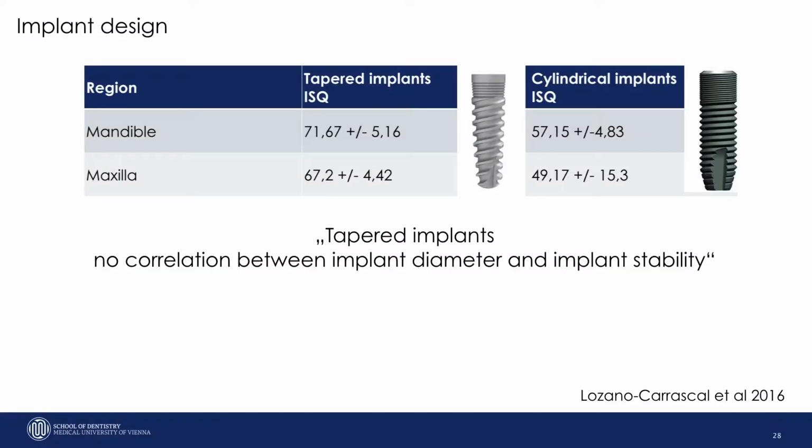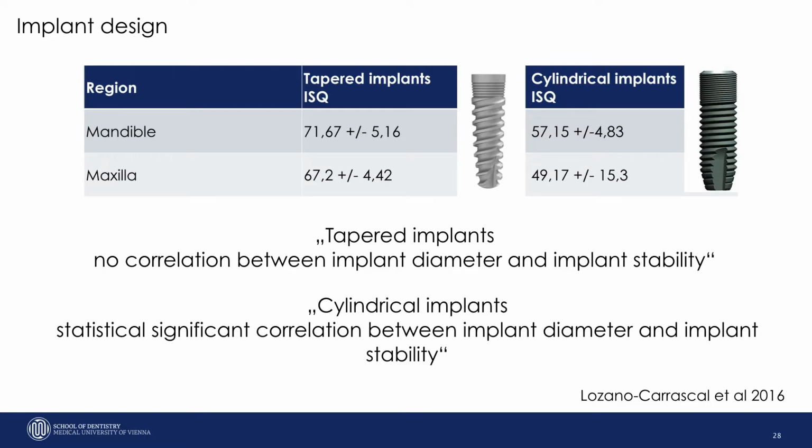When we go to a recent study by Lozano, we see the tapered implants had no correlation between implant diameter and implant stability. And in cylindrical implants, we had a statistically significant correlation between the implant diameter and implant stability.